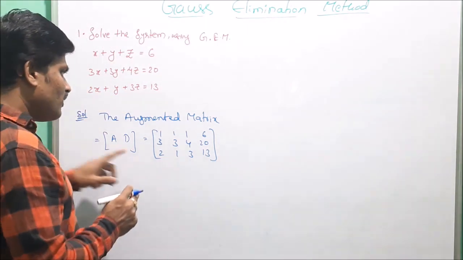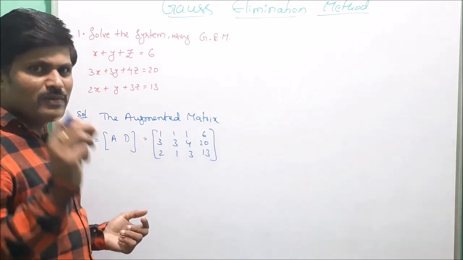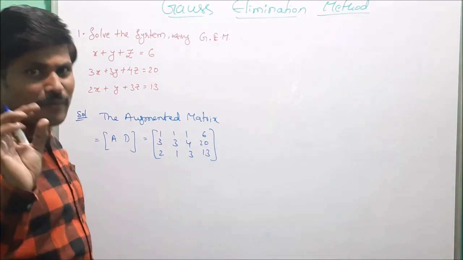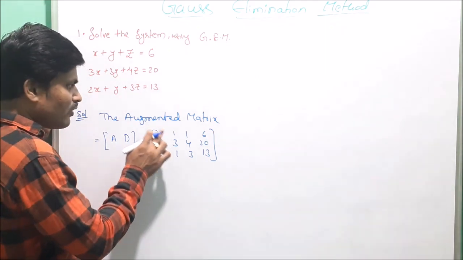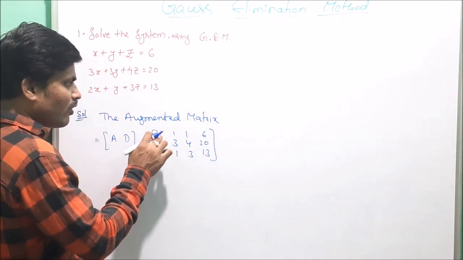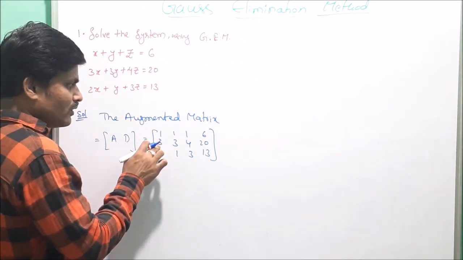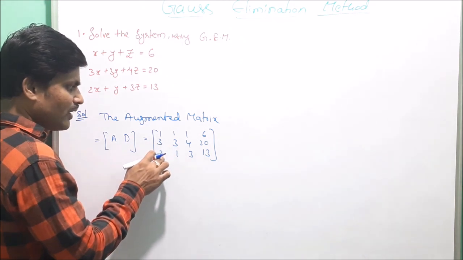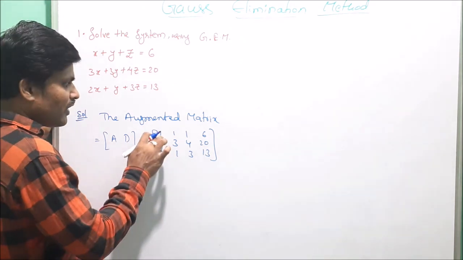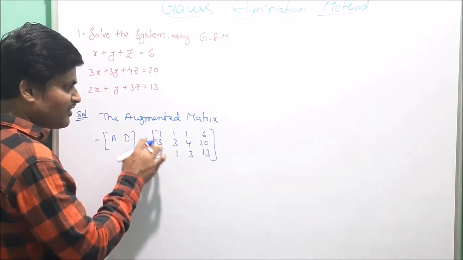Now using row transformations, this augmented matrix will be converted to an upper triangular matrix. Here we observe that the first row first element is 1. Using this one, the remaining first elements of the second row and third row become zeros. Multiply by 3 and subtract from the second row, this is 0.